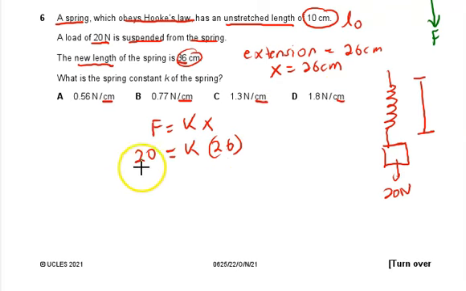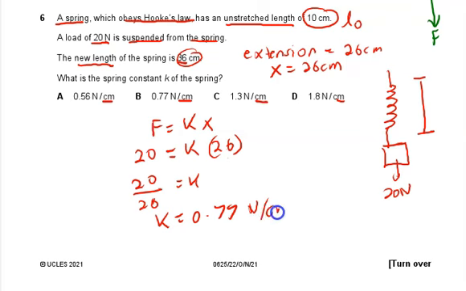So we just have to use this. When we divide, we will get 20 divided by 26. You get about 0.77 Newton per centimeter. So your best answer here will be B. Okay, this is the calculation for this.